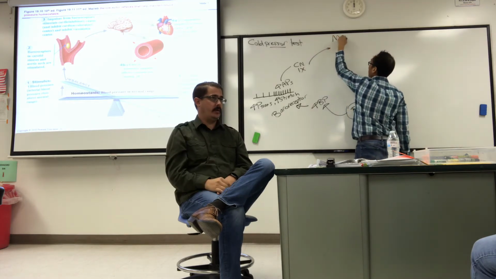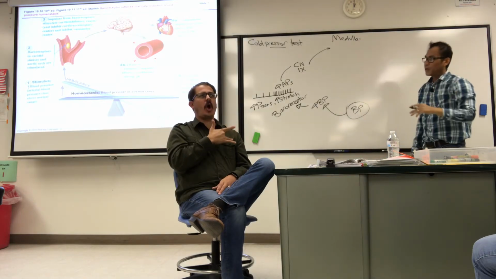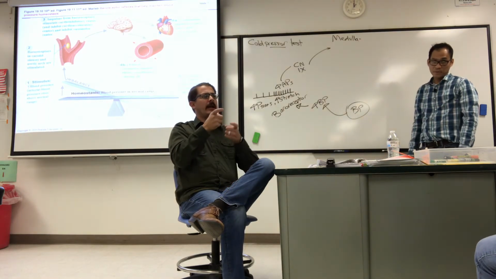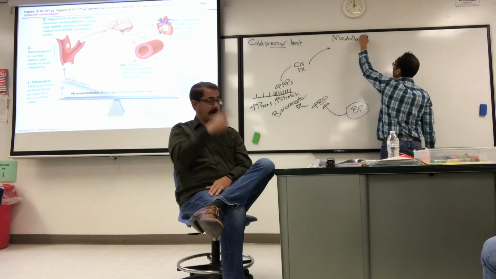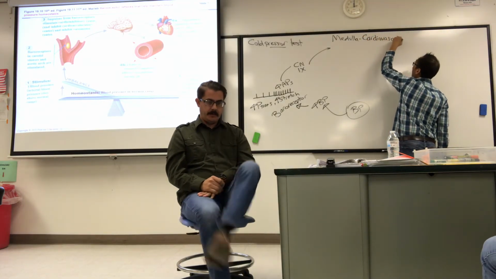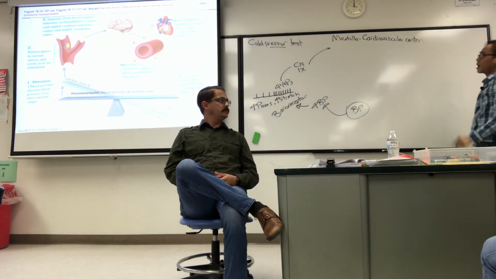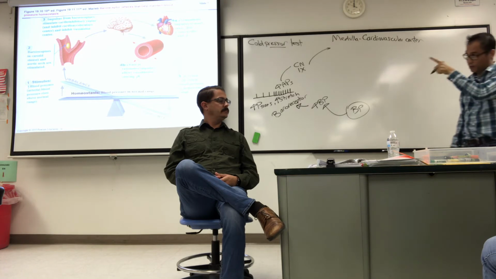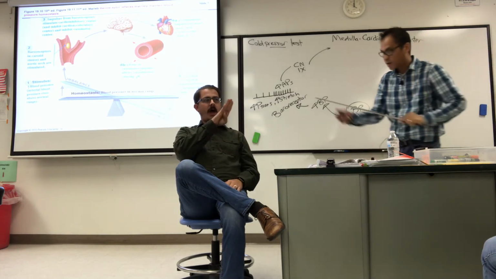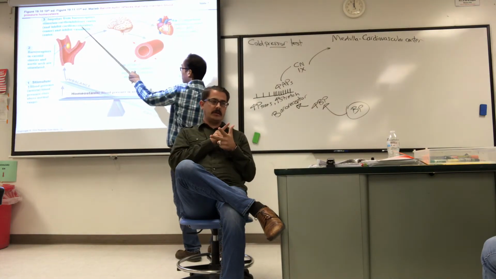In the medulla, there's a cardiovascular center that helps regulate blood pressure. Now there are 3 subcenters that are outlined there: cardioinhibitory, cardioacceleratory, vasomotor.